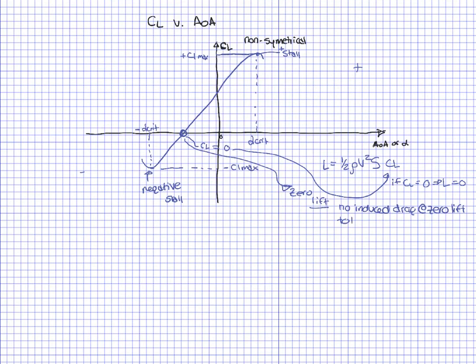Total drag is less, so it's the minimum amount of drag that I can have. I can pick up the highest amount of energy, and something very important is that I am in between the positive stall and the negative stall, so I'm as far away as I can be from either stall.